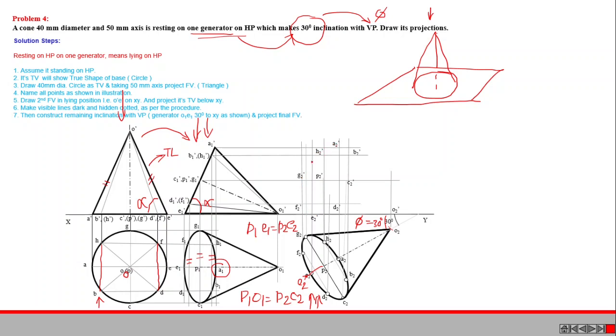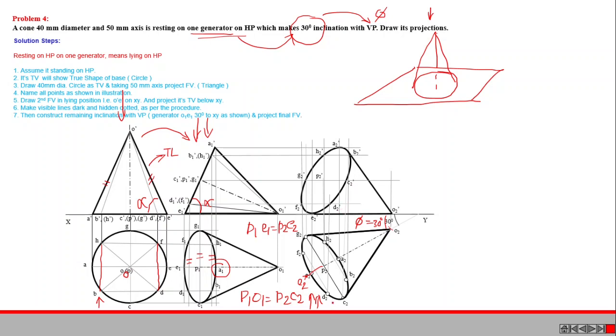Then we can see that all the base points are visible, so that we can draw the ellipse like this. Then the outermost part of the solid also must be in thick line. Otherwise, we can draw the outermost part of the solid in thick line first. Then we can examine whether the points C2, D2 are visible in front view.